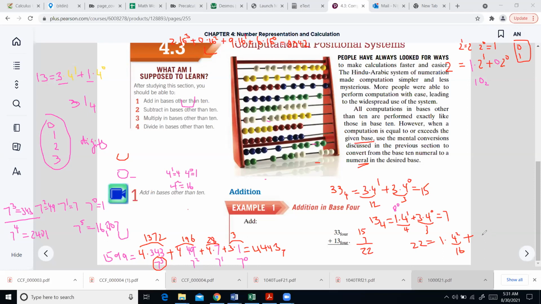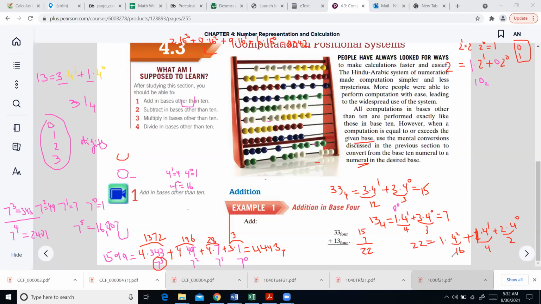So I will put 6 as 1 times 4 to the first power. And then what remains will be 2, right? 16, 4, and 2. That's my 22. And I have just 2 ones in it.